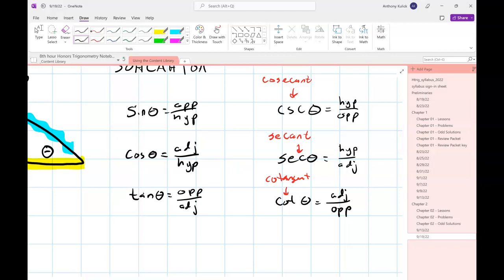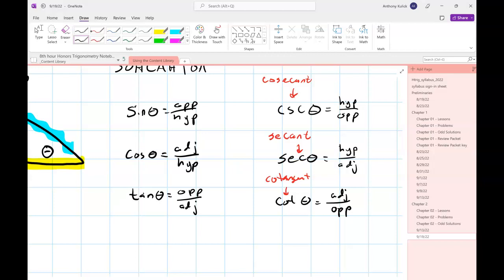Does that feel okay? Now, hopefully, it'll be easy to remember that tangent and cotangent are reciprocals because they both have the word tangent in them. Anybody think they'll have a problem remembering that? No, that's usually pretty easy to remember. So, the only thing that we're left to worry about is remembering whether cosecant goes with sine or cosine, or secant goes with sine or cosine, right? Everybody's cool with that?